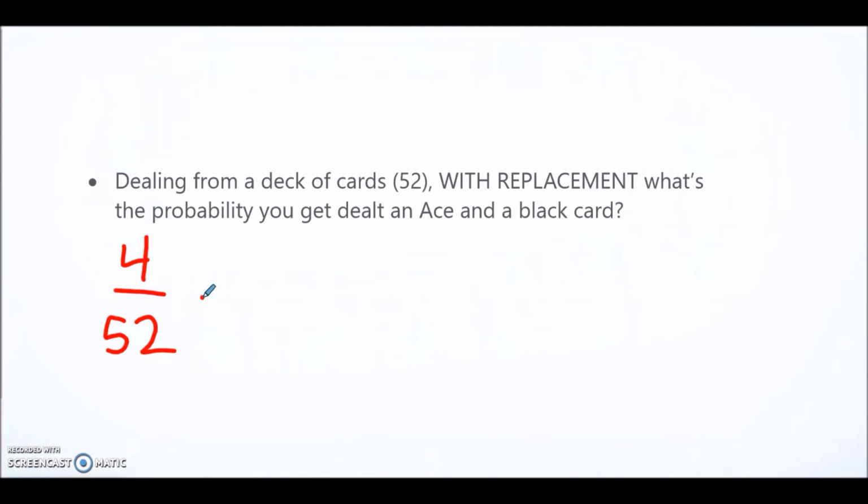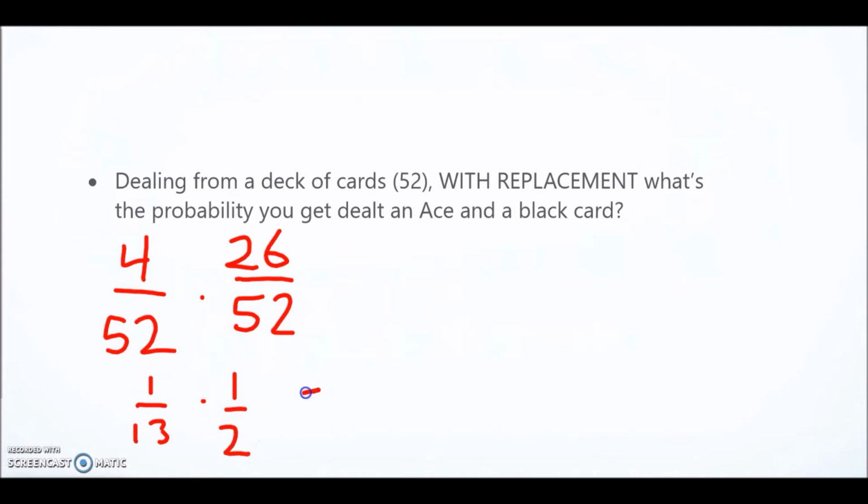And we know without reducing, it's 26 black cards out of a 52 card deck. And again, before we multiply, might as well reduce. That's 1 out of 13 and 1/2, which means 1 out of 26 times we can expect that we would get an ace and then a black card with replacement.